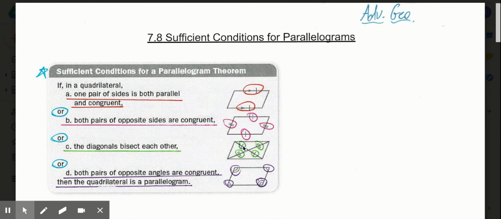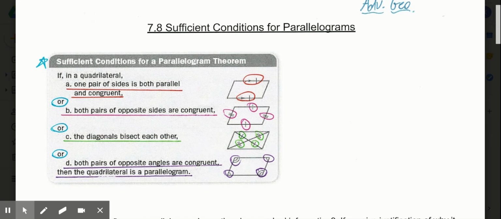And then sufficient condition D is if both pairs of opposite angles are congruent. So the pair here and the pair here. So if we meet any of those four conditions, then that quadrilateral is a parallelogram.